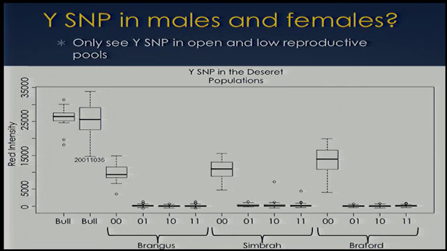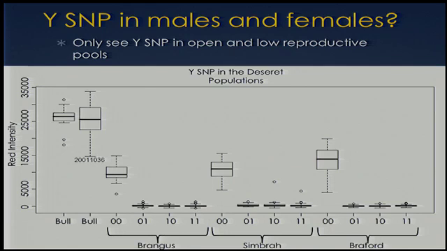Now we wanted to look deeper into this Y chromosome and why we're seeing it in females. And the data here is for the Deseret population, where we had the Brangus animals, the Cimbra, and the Brayford. The 00 are the open animals. Then we have the open pregnant, pregnant open, and the pregnant pregnant.